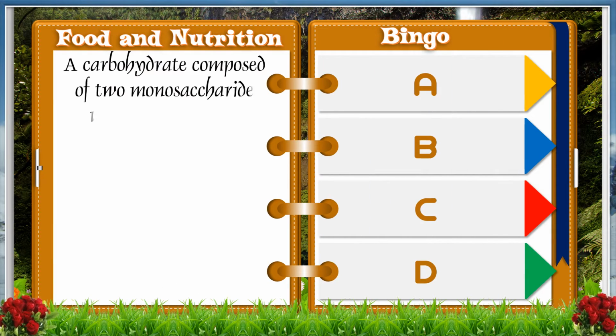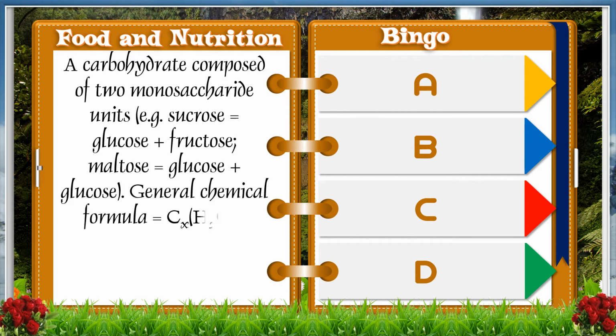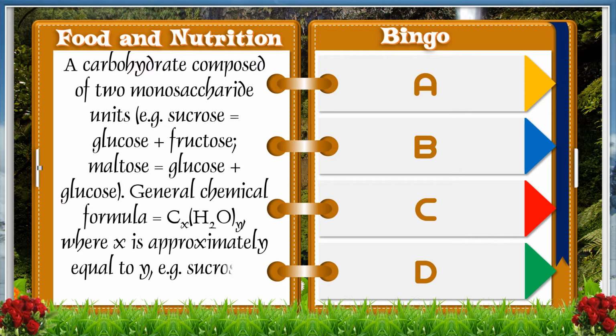A carbohydrate composed of two monosaccharide units. For example, sucrose gives us glucose and fructose. Then there is maltose, which contributes glucose and glucose. The general chemical formula is Cx(H2O)y, where x is approximately equal to y.